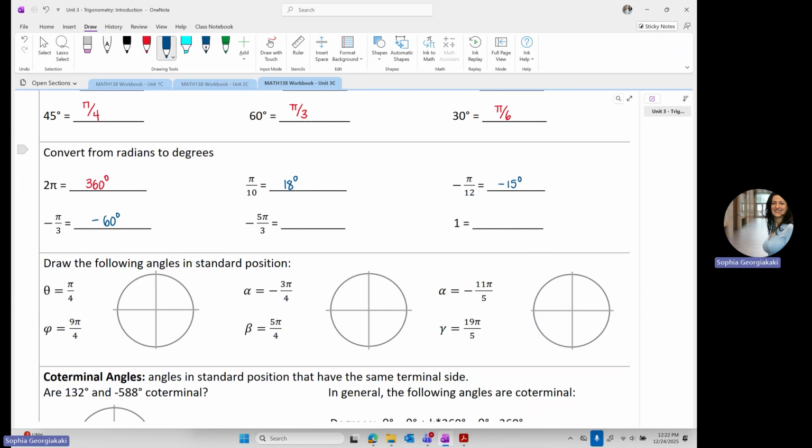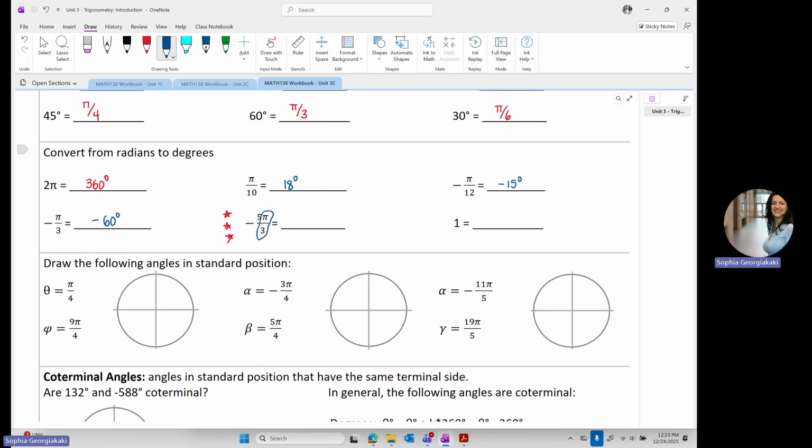Negative 5 pi thirds. This is a very common situation that we'll be working with. And again, I'm trying to use mental math, which is faster than using the calculator, but I can always use the calculator if I want. So what I do here is focus on the fraction of pi.